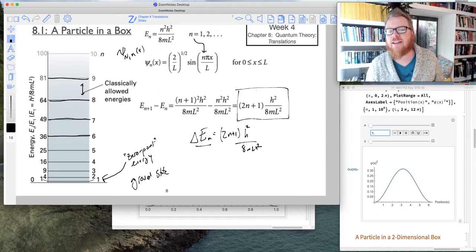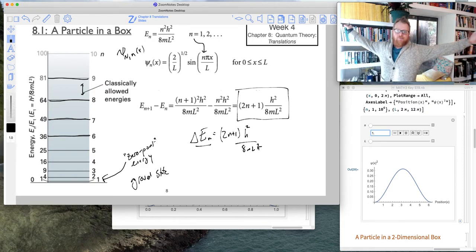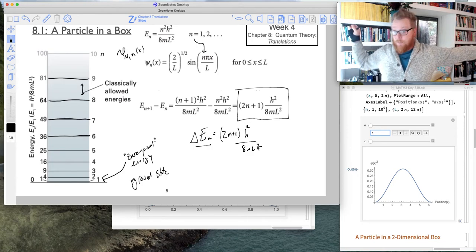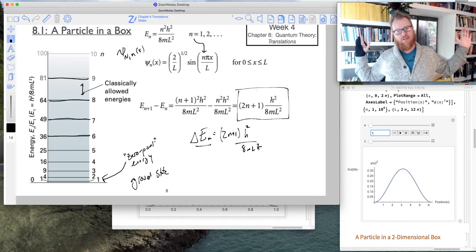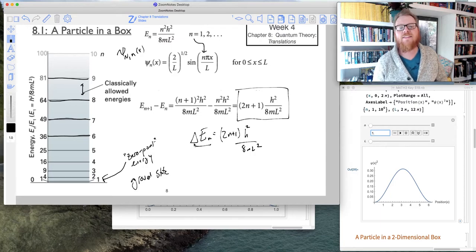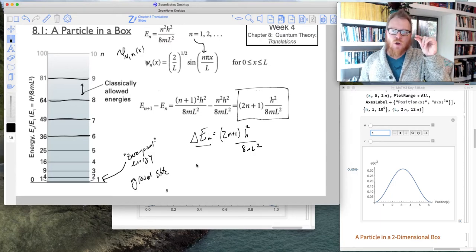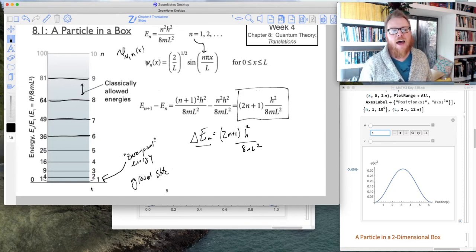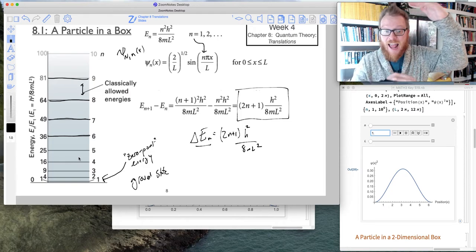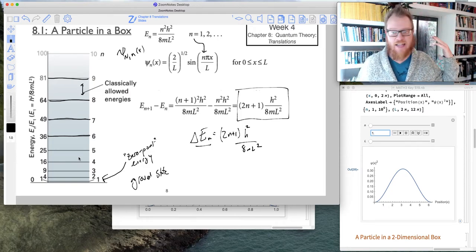But let's say the length of this box, if we got it so big to the point where we're not talking about the size of an atom, but we're talking about making the box the size of a room, right? Let's say we do particle in a box, but now my box is this gigantic room-sized box. Well, the delta E would become so small that our energy levels would blend together and it would look like classical mechanics.